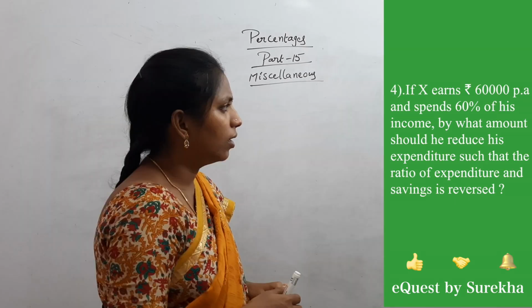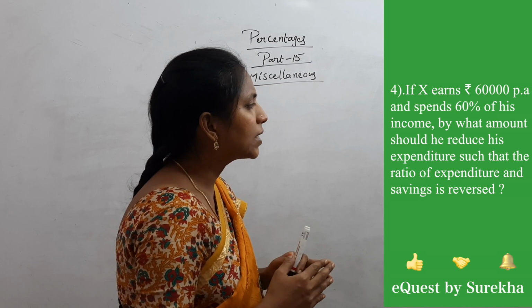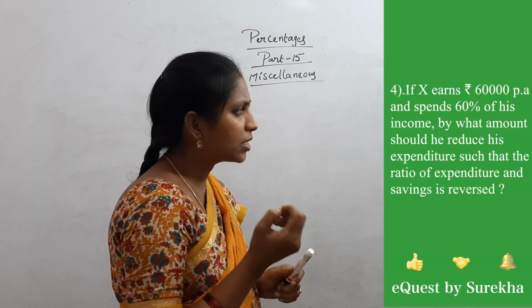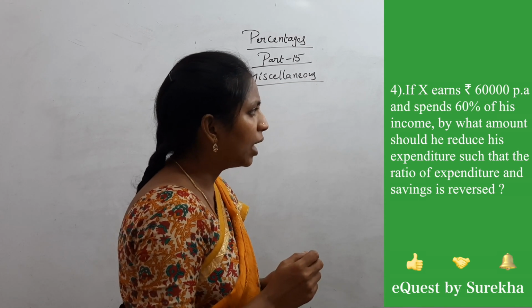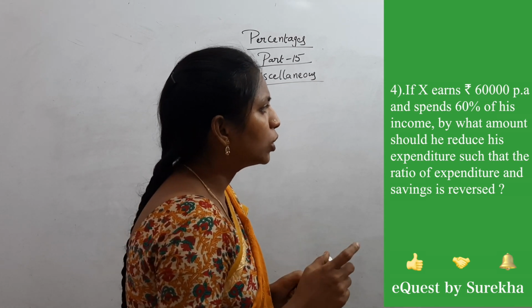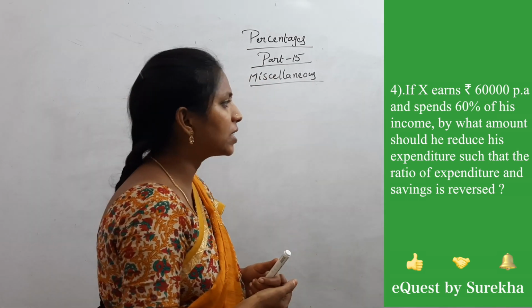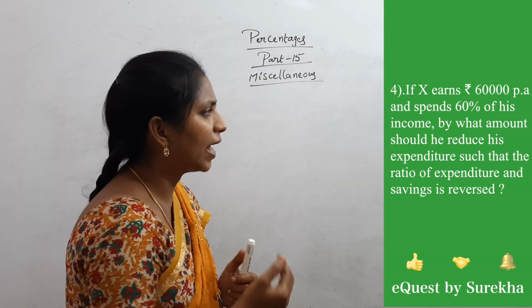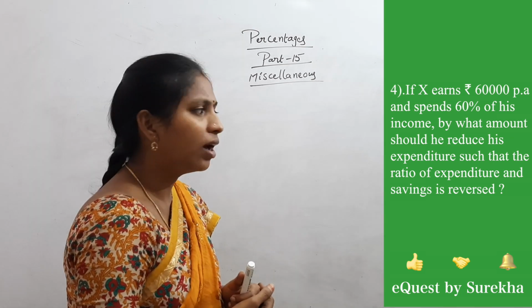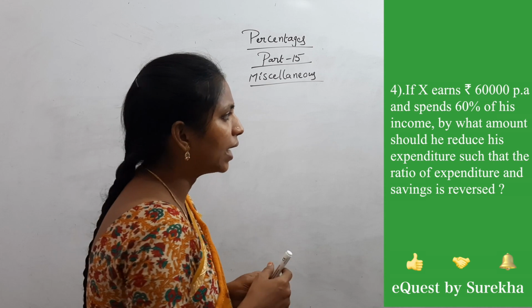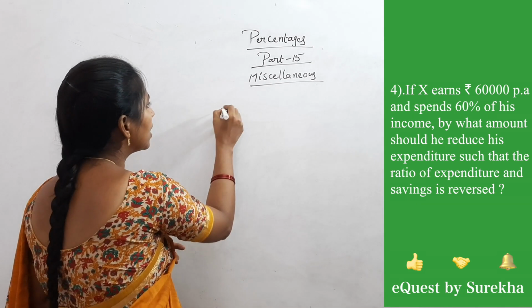Next question. If X earns 60,000 rupees per annum and spends 60% of his income, by what amount should he reduce his expenditure such that the ratio of expenditure and savings is reversed? See, X earns how much per annum? 60,000 rupees per annum.